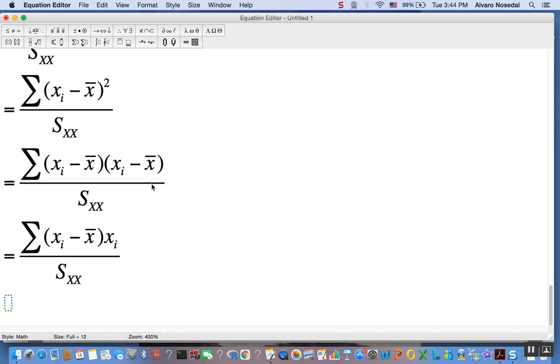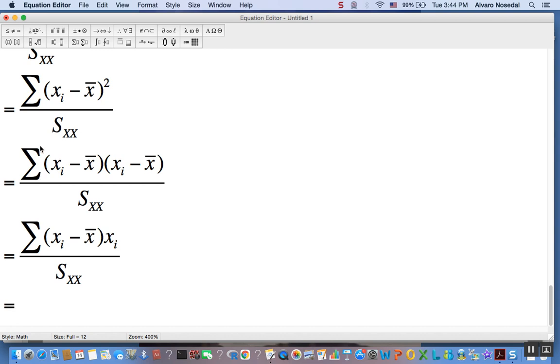So, remember how we defined the ci's? Well, it was xi minus x bar divided by sxx. So this happens to be just the sum of ci times xi.